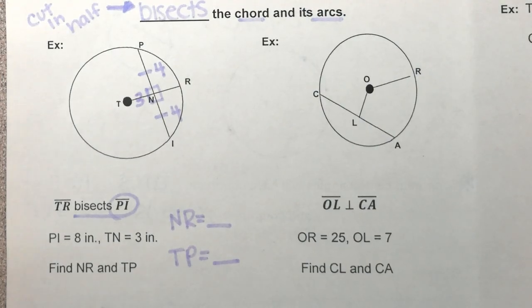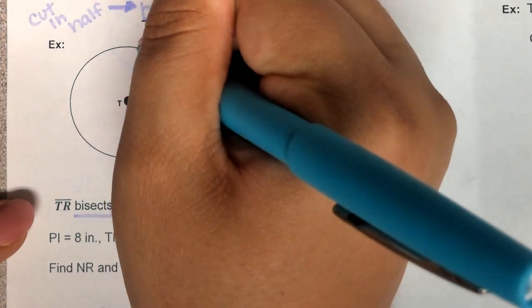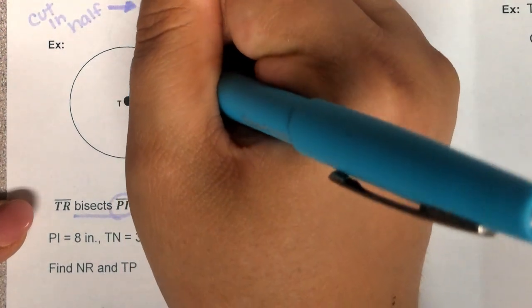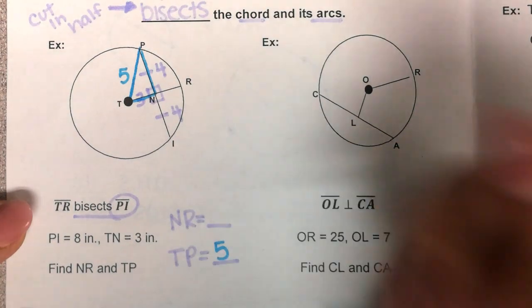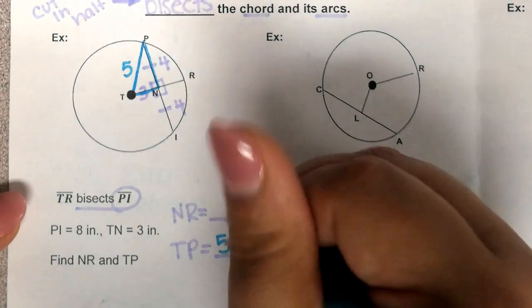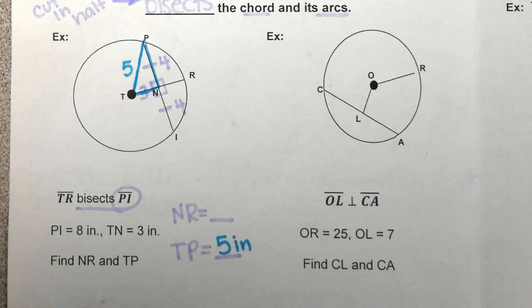Why does TP equal 5? Do y'all agree that if I were to connect this, I have a 3, 4, 5 triangle? TP is 5. 5 what? Inches. Does everybody in here agree with that?